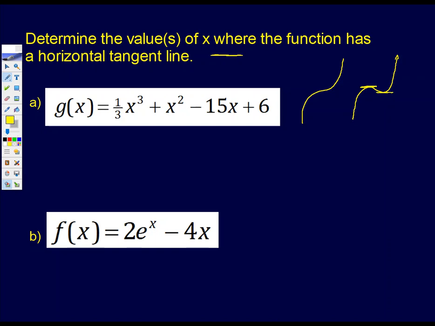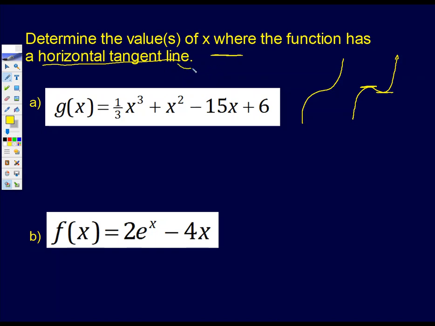But in either case, the way calculus is going to help is that we know a horizontal line has a slope of 0. Okay, so the phrase horizontal tangent line means the slope of the tangent line is 0, and because it's a tangent line, calculus is used, and the derivative that produces the slope of the tangent line must equal 0.